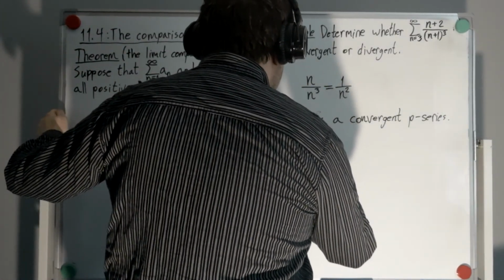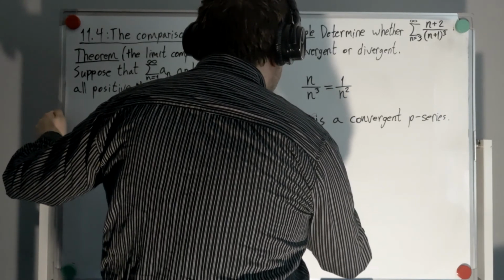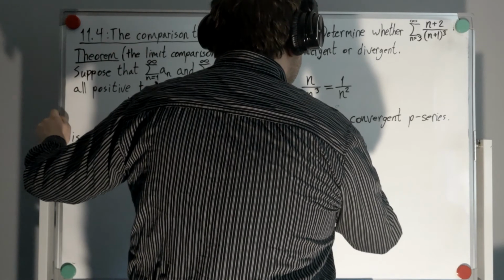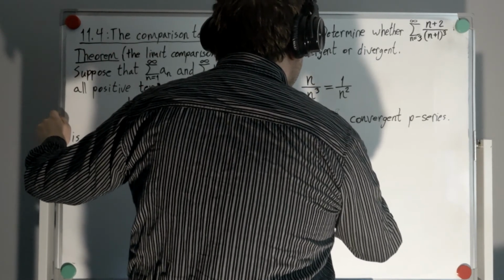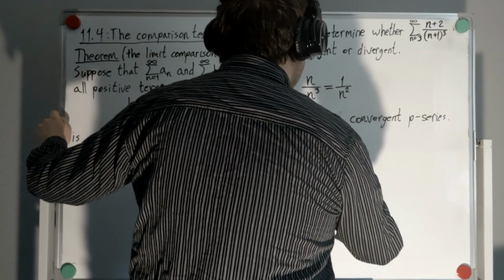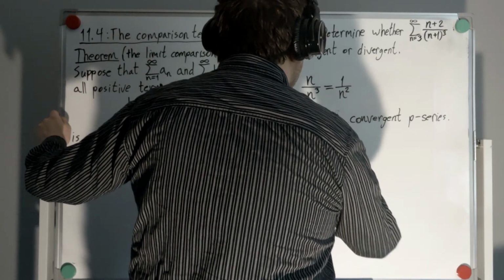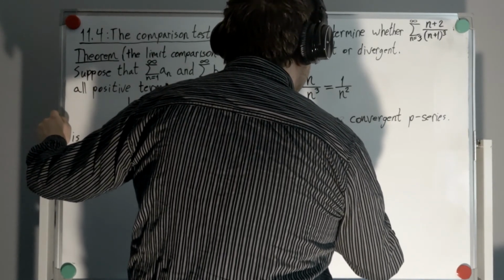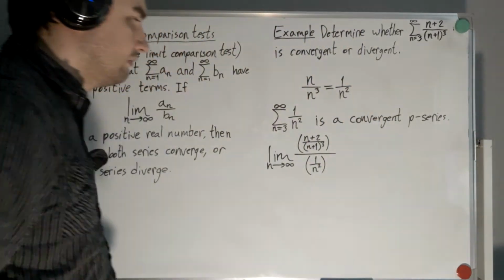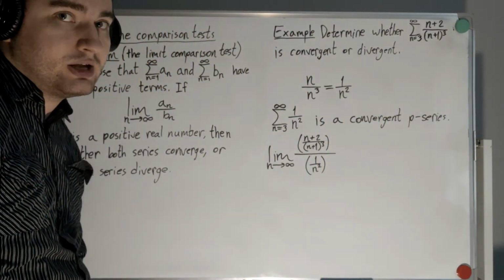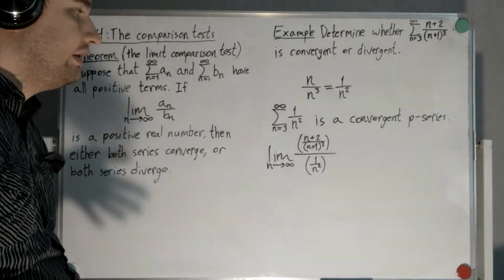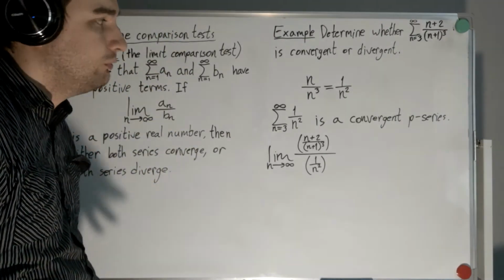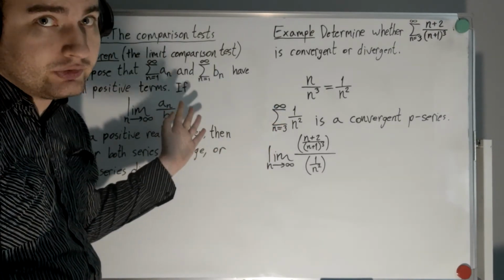What happens if we take the limit as n approaches infinity of, let's say, n plus 2 divided by n plus 1 cubed, all of this divided by 1 over n squared. Again, if this is positive and finite, then these two series have the same behavior. We know the behavior of this one, it's convergent.